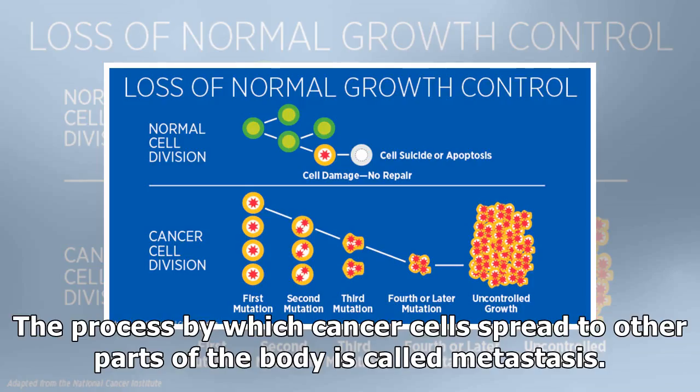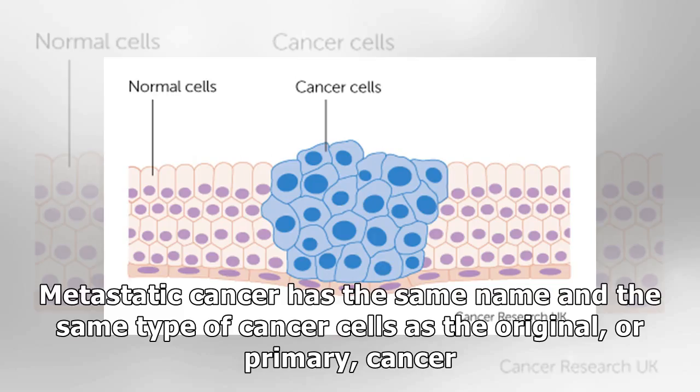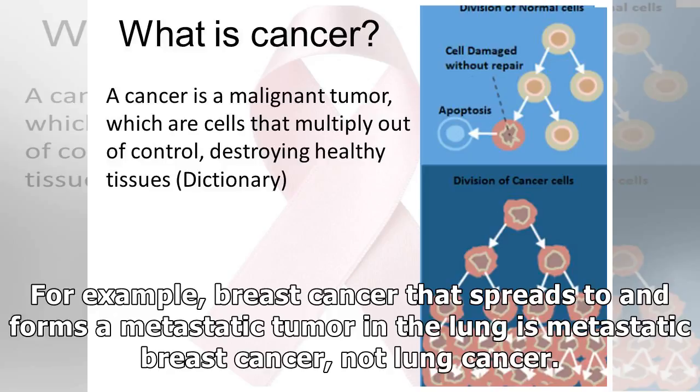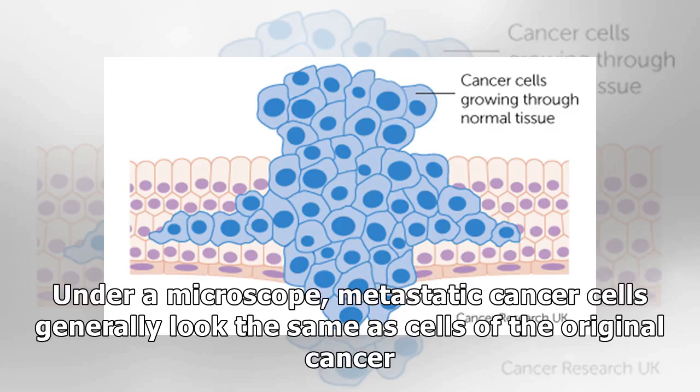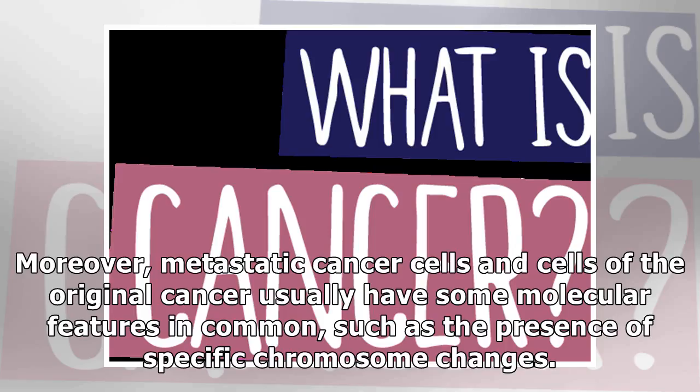The process by which cancer cells spread to other parts of the body is called metastasis. Metastatic cancer has the same name and the same type of cancer cells as the original, or primary, cancer.